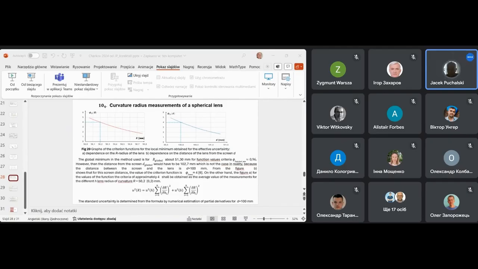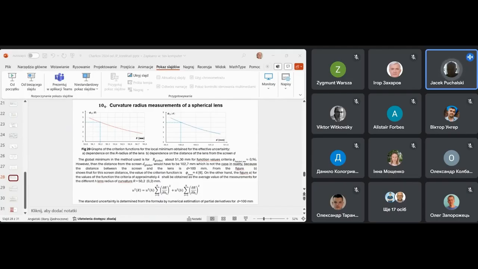Why? Because the global minimum for 0.96 is for distance from screen 102.7.